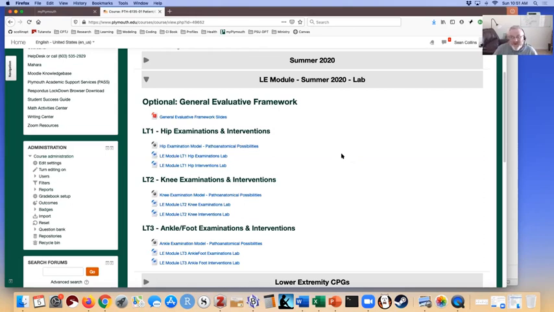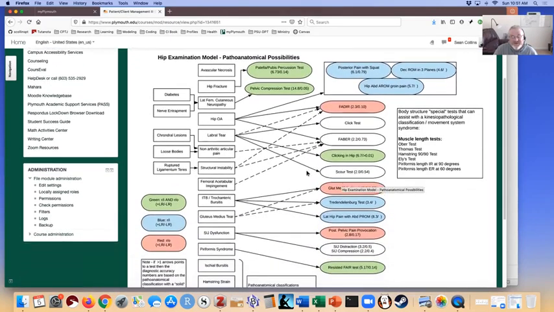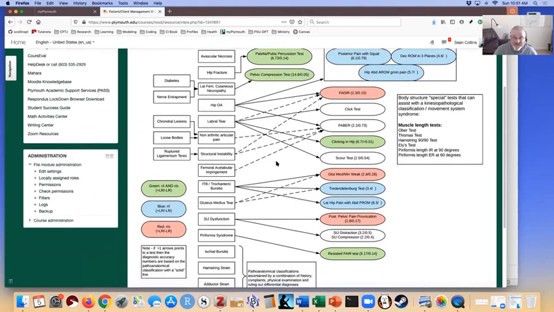I don't expect that you would have memorized everything in these models. If we open up one of these models, we see a whole bunch of possible things that could go wrong with the hip, and different tests that help rule in or rule out the pathoanatomy of these conditions.